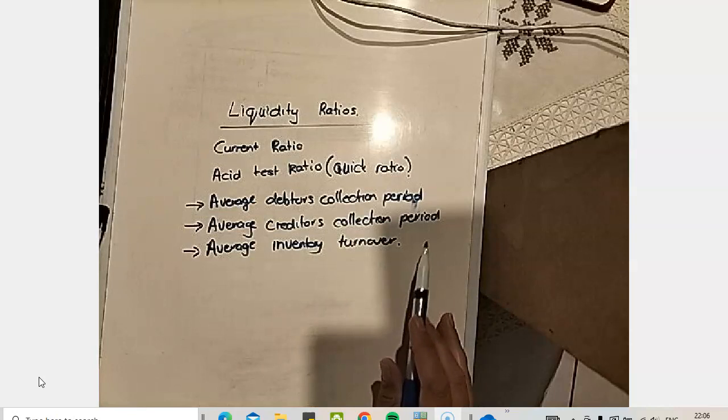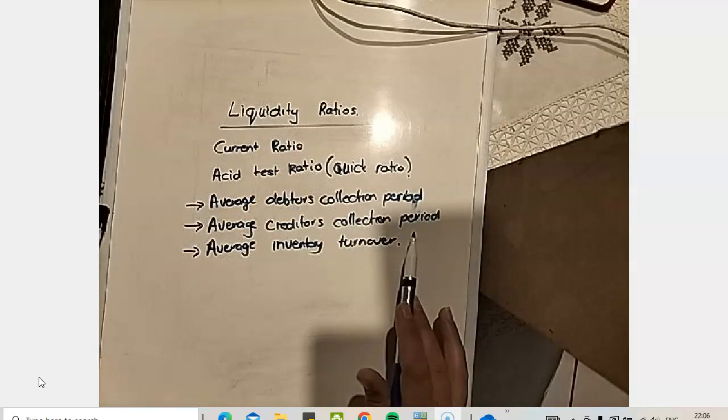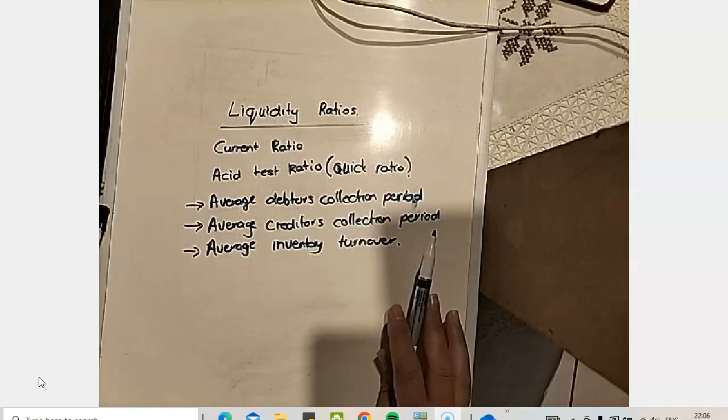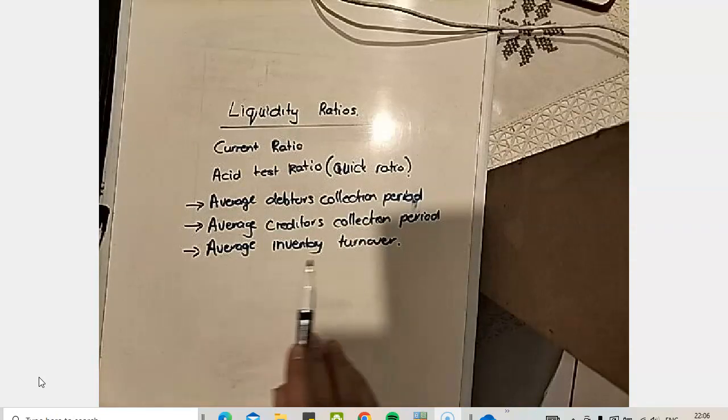Average creditors collection is 60 days or more, so you want to keep your money as long as possible. And then average inventory turnover, you don't want to order stock too often. It's very costly and it's unnecessary unless your stock has expiry dates that you need to do your stock turnover very quickly.